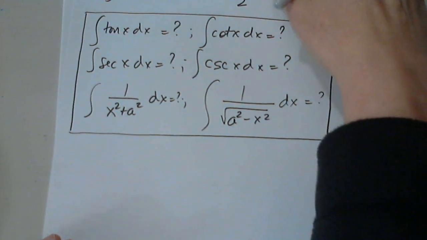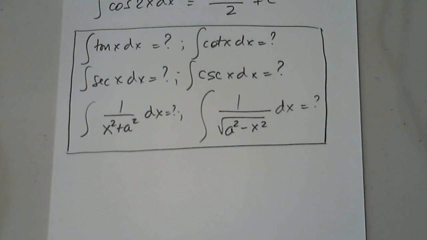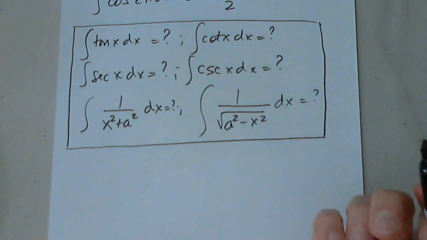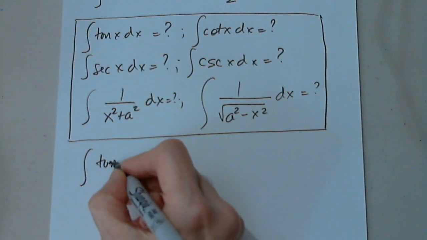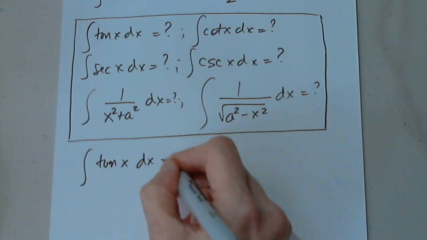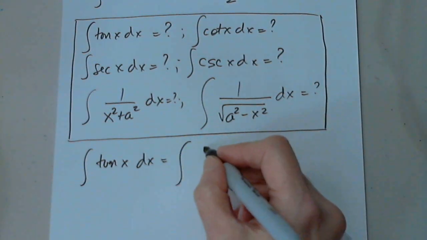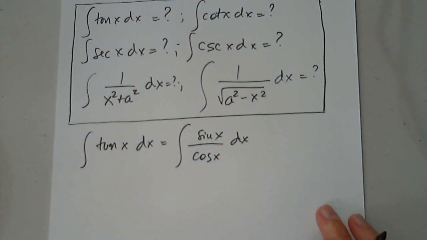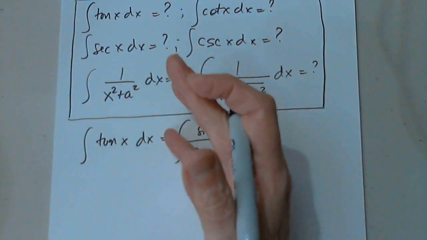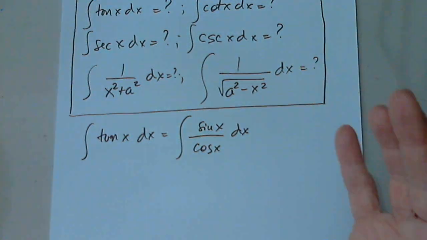I'm not asking you to determine or memorize the proof, but I think it's useful to see it at least once. So the integral of tangent x dx, of course, is the same as the integral of sine x over cosine x dx. Very easy to use a substitution from chapter 5.